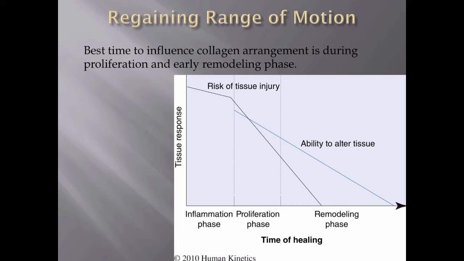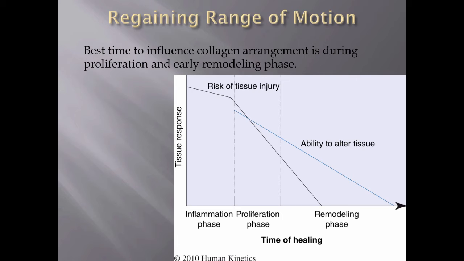So let's talk about regaining range of motion. The best time to influence collagen is during the proliferation and the early remodeling phase. If you look at this diagram here, you have tissue response on the vertical axis, and then you have time of healing. So you have the inflammatory phase, proliferation, and remodeling phases of wound healing. You see that the risk of tissue injury, once you enter into that proliferation phase, has a sharp drop.